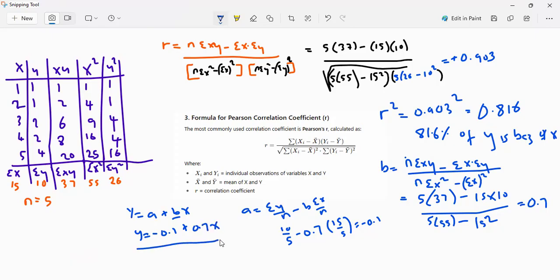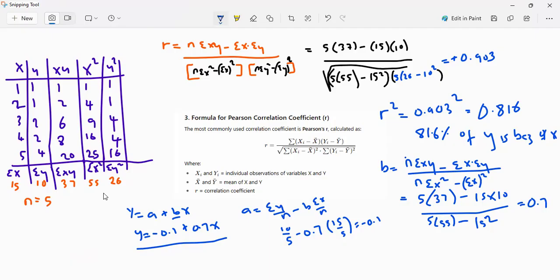So this becomes our regression or prediction equation. Are we together? Okay, so we are done.